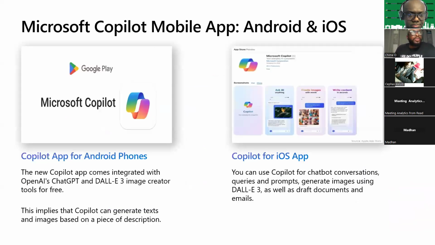Next one I want to mention here is the Copilot mobile app. I think it would be quite a good time to actually dive into Copilot in a sense. Let me just bring that up.